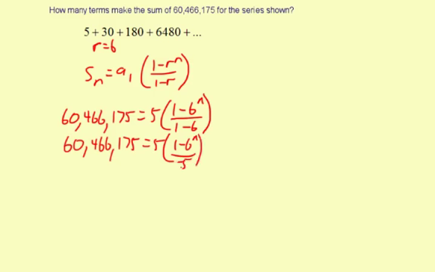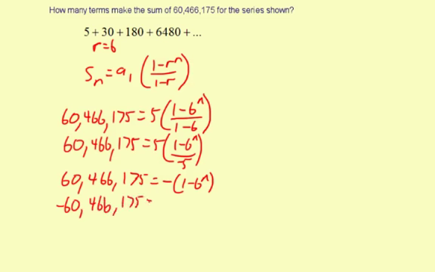Now the 5 and the negative 5 reduce out and leave a negative 1, so you're going to get 60,466,175 equals the negative of 1 minus 6 to the n. So we'll divide by a negative 1 and get negative 60,466,175 equals 1 minus 6 to the n.